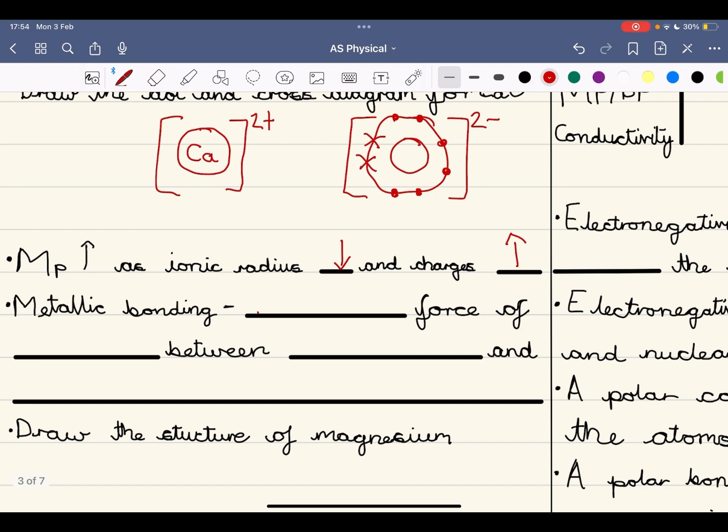Metallic bonding is an electrostatic force of attraction between metal cations and delocalized electrons.